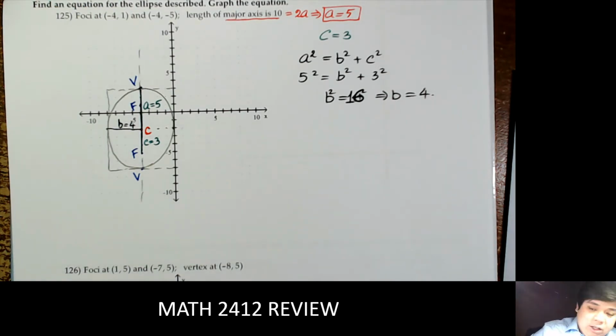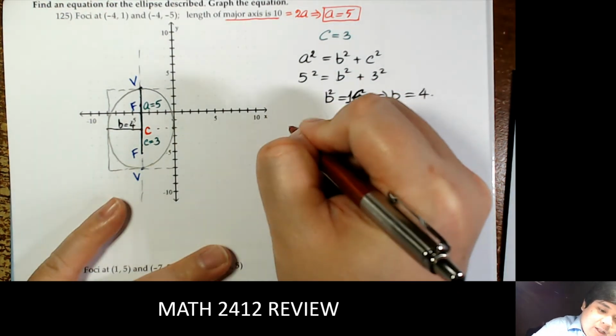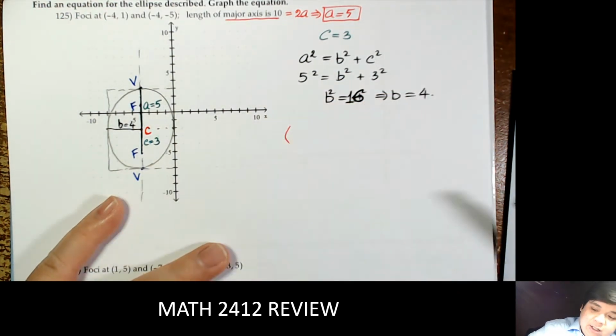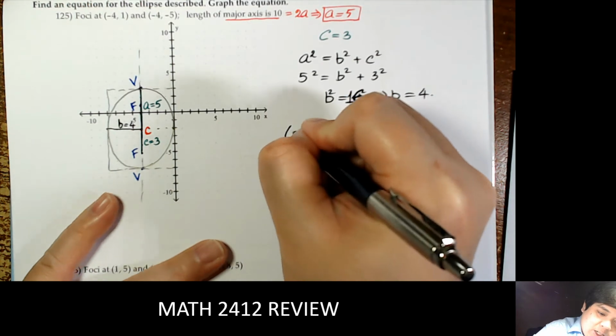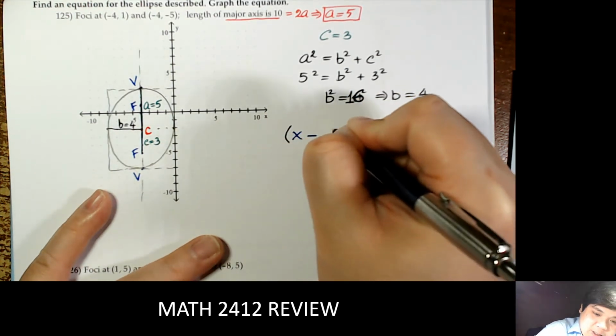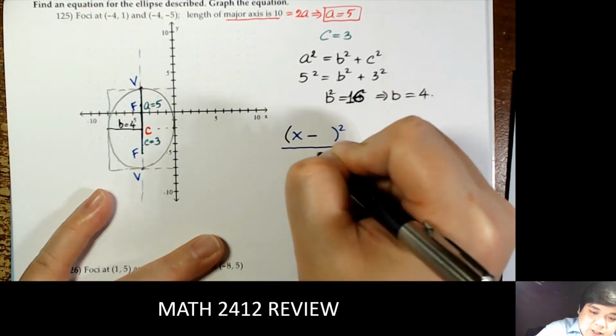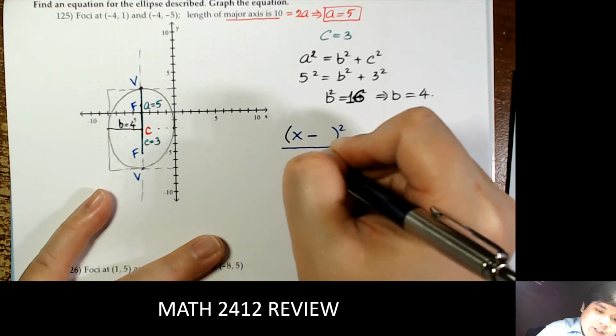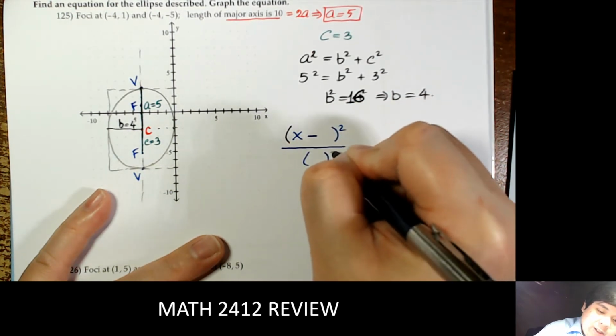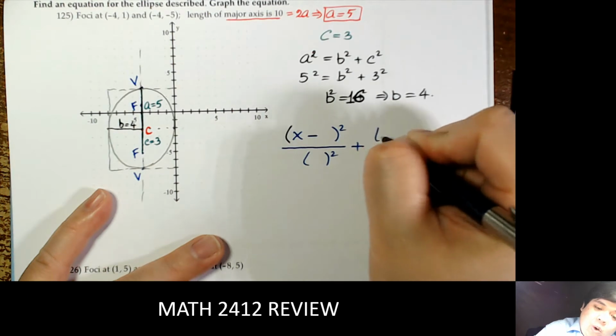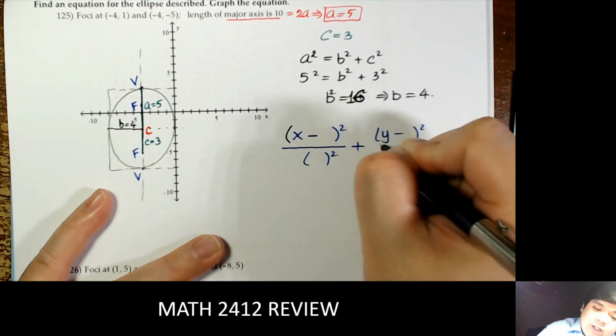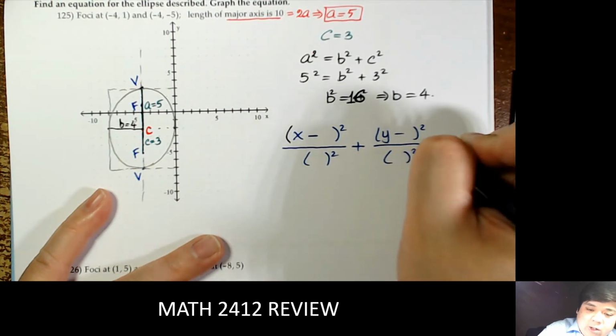Now in terms of equation, the equation of an ellipse is very easy. We have (x minus something) squared over something squared, plus (y minus something) squared over something squared, equal to 1.